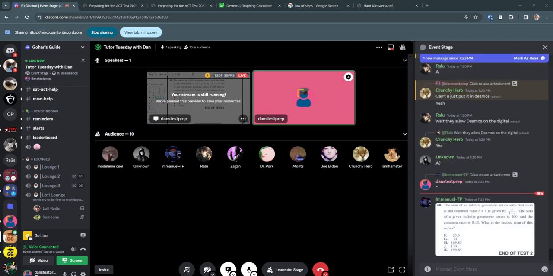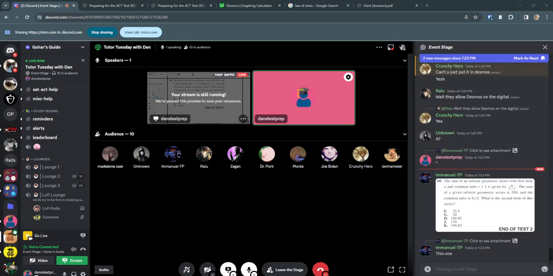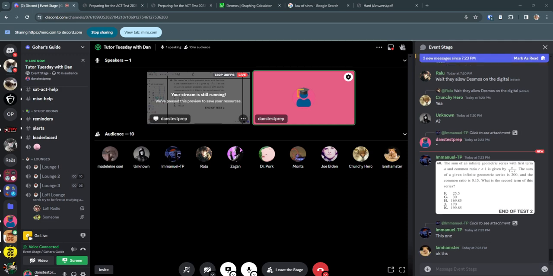So the sum is given by a over 1 minus r. The common ratio is r. We can start to substitute some terms in and see what we get. The sum is 200, a we don't know, and the common ratio is 0.15.